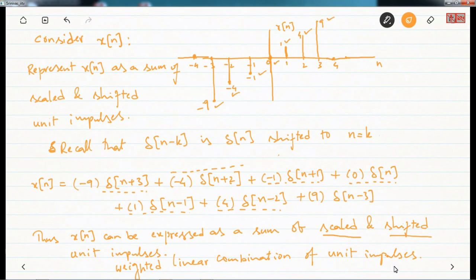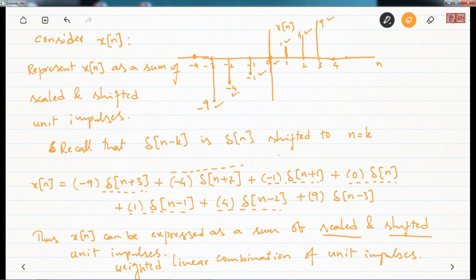So now we understand that any discrete time signal can be expressed as a weighted linear combination of discrete time unit impulses, or as a sum of scaled and shifted unit impulses, discrete time unit impulses. Now with this intuition, let's go to continuous time domain, continuous time signals.